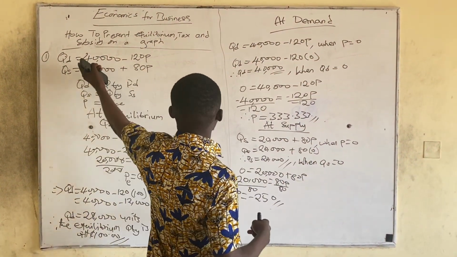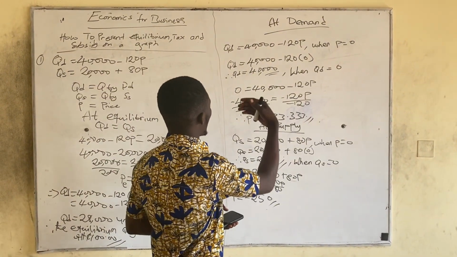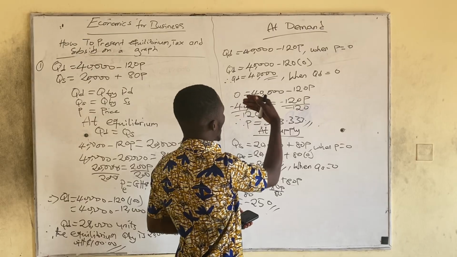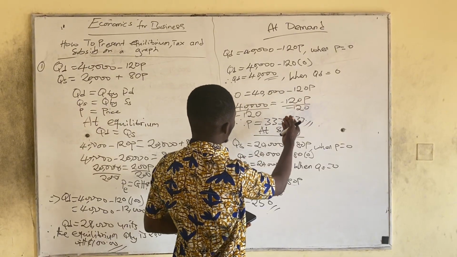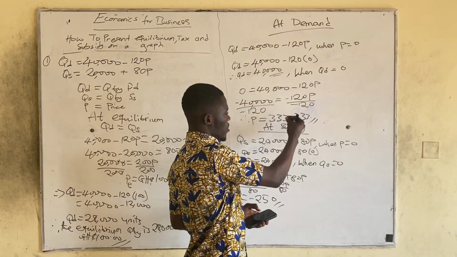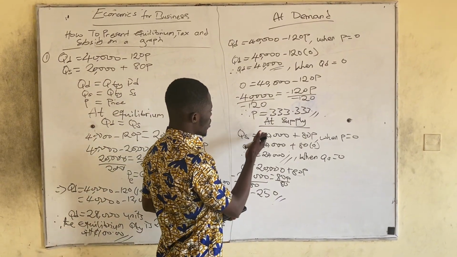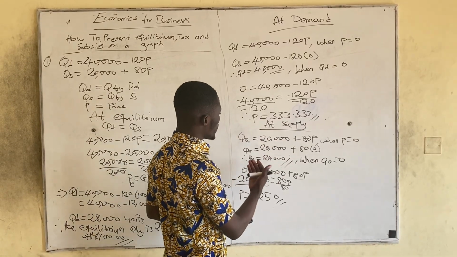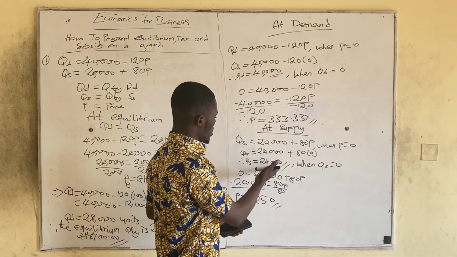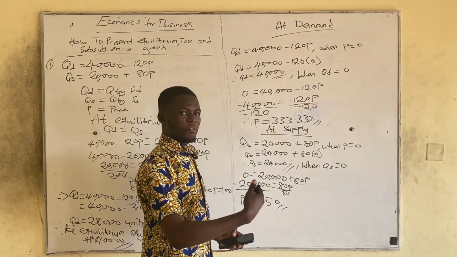Solving for quantity demand, we have 40,000 and the price to be 333 cedis. Our supply curve too, we get quantity supply to be 20,000 and the price to be negative 250.